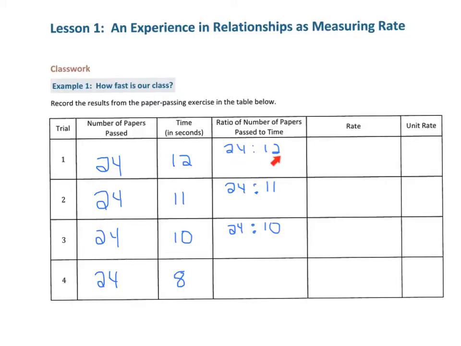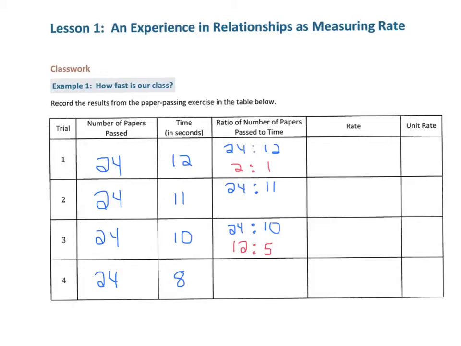So the ratio of the number of papers passed to the time is 24 to 12, or we could write an equivalent ratio by reducing, 2 to 1. For the second one, 24 to 11, we can't simplify that. So we'll just leave that. 24 to 10, 2 goes into both of them, so we can simplify to 12 to 5.